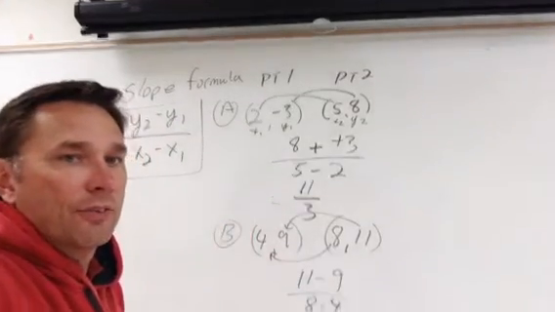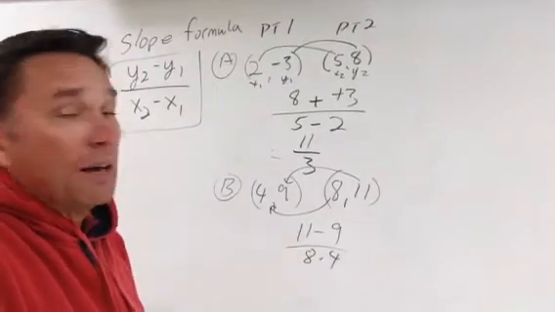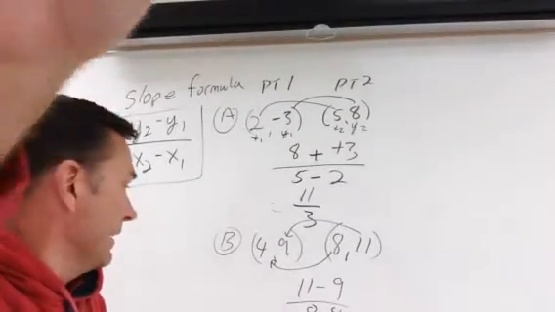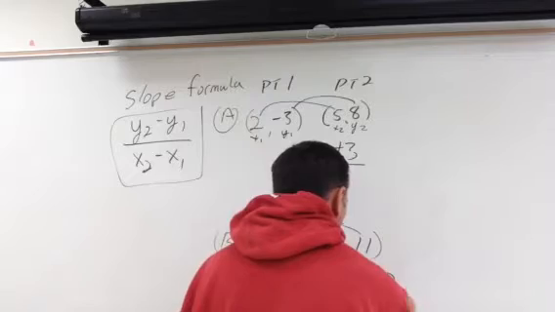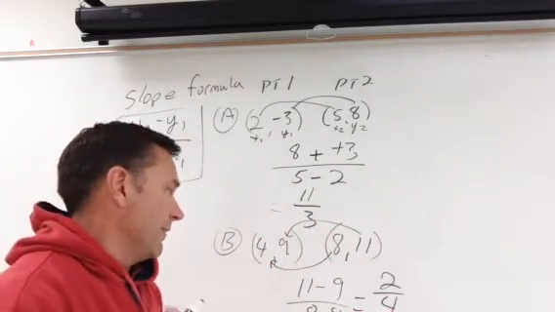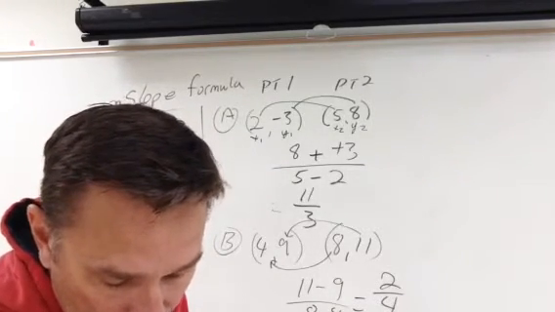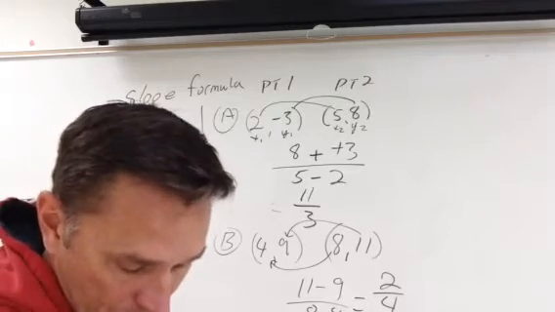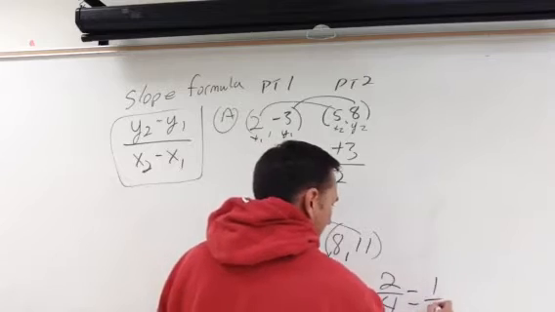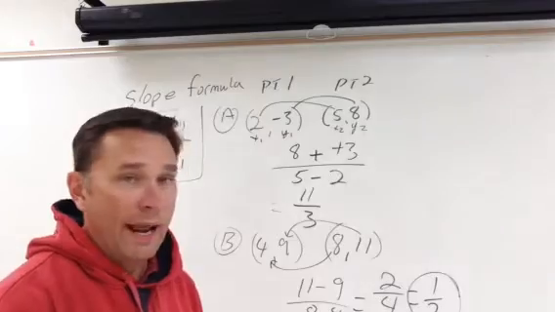All these are positive numbers, so I don't have to worry about changing anything to addition, so everything will be subtracted. 11 minus 9 is 2. 8 minus 4 is 4. Now, we also want to reduce this. We don't want to leave anything that's not reduced. So we know 2 goes into 2 one time, and 2 goes into 4 two times. So the answer to this one is 1/2.